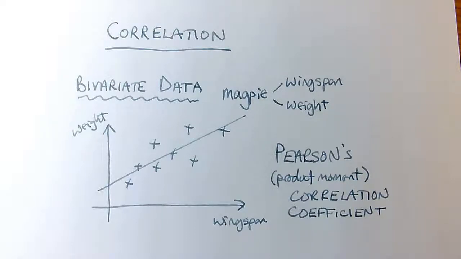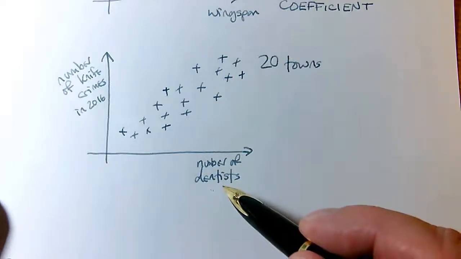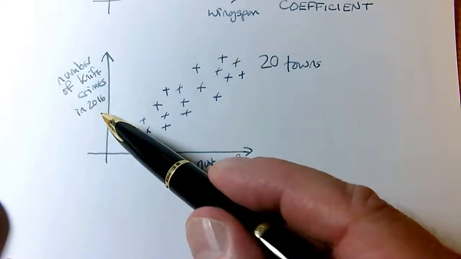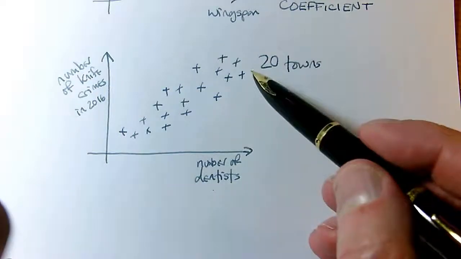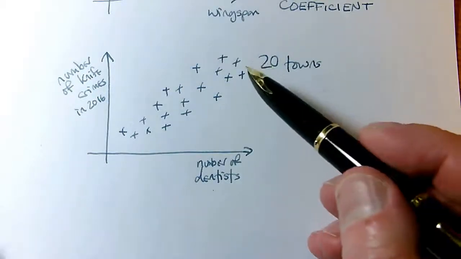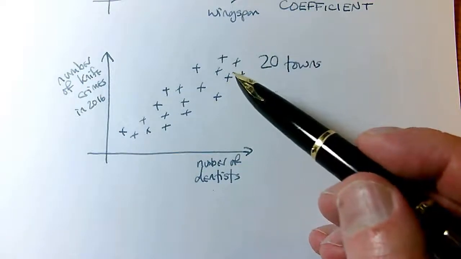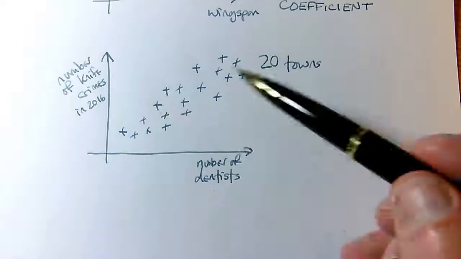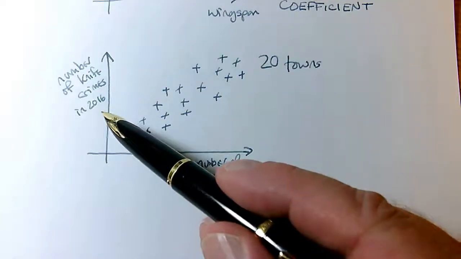I mean, think about this one. So I have 20 towns, and I've recorded how many dentists in each town and the number of knife crimes there were in 2016 in those towns. And look, I get a very pronounced positive correlation. We'll show how Pearson's correlation coefficient will actually tell me that in a minute. But do I really believe that the number of dentists are causing all of this knife crime?